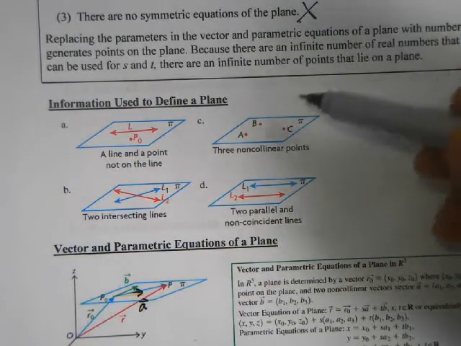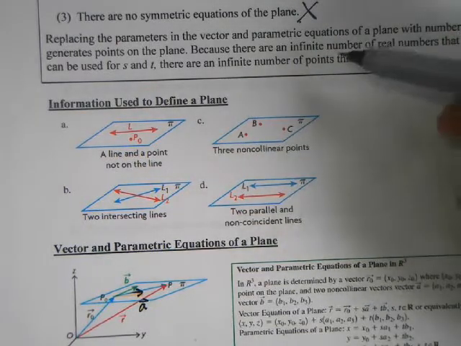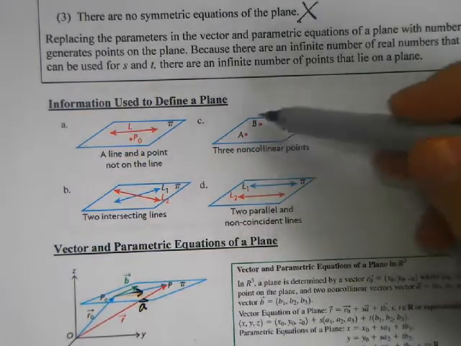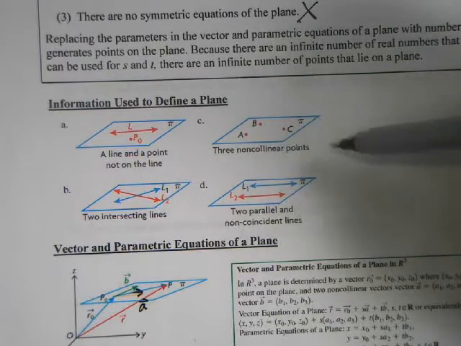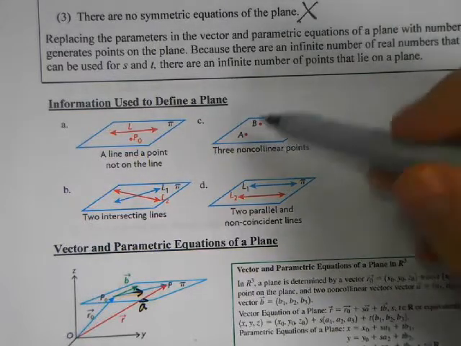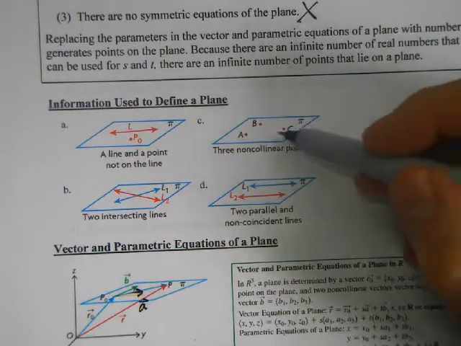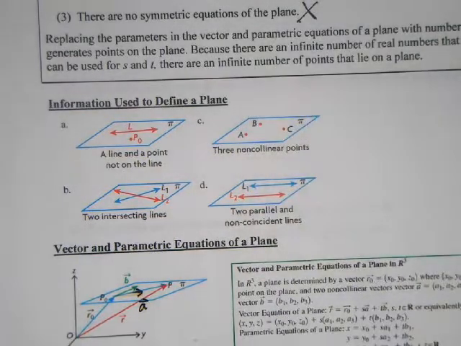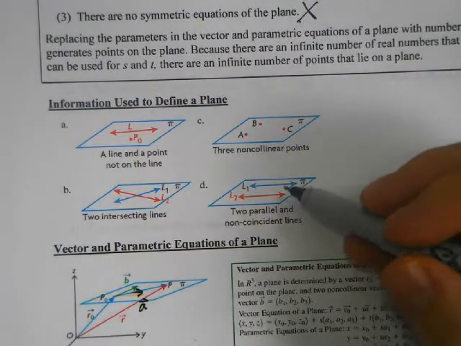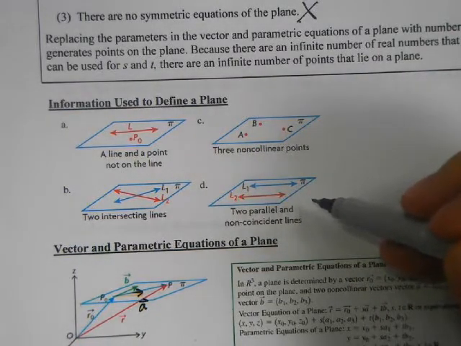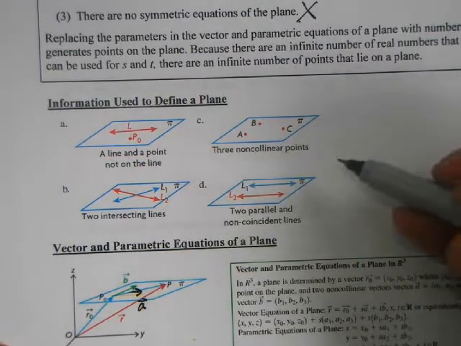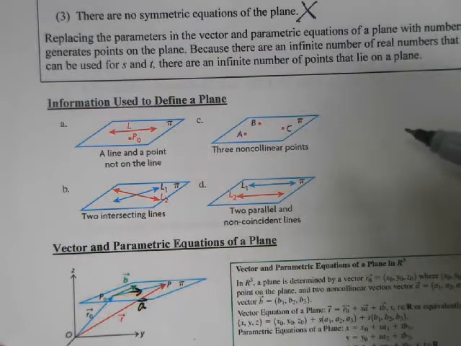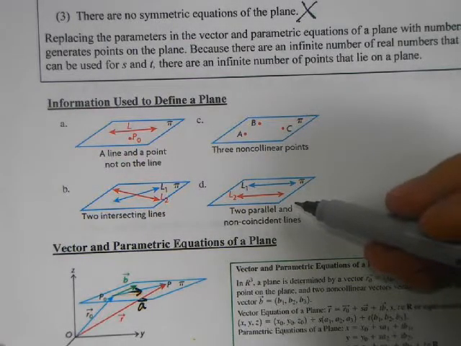What we would do for that is create two direction vectors using A, B, and C. You've got 3 choices, well really 6 choices. You pick 2 of those and use one of the 3 points that you're given as your position vector in your equation. And then the last one, probably the rarest, you've got 2 parallel lines that do not touch, but you can kind of see that they would create a plane. So that's the fourth and least common situation.